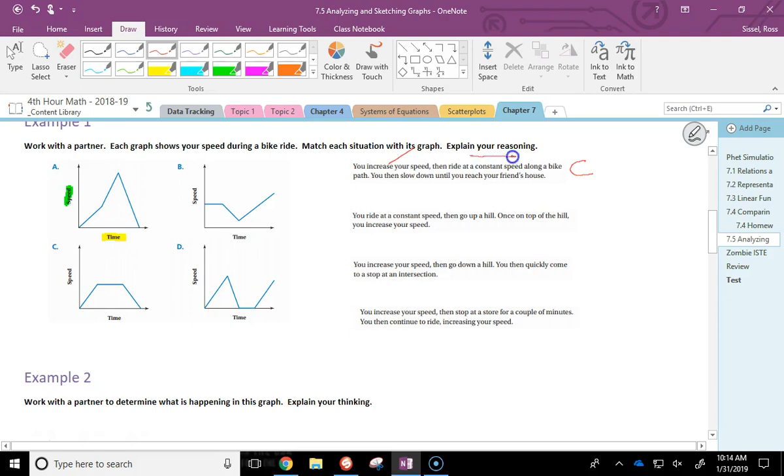Constant speed means it should just be a straight horizontal line. My speed's not changing. And then I slow down, so it should go down. If I put all those together, I increase my speed, constant rate, decrease my speed. C is correct.